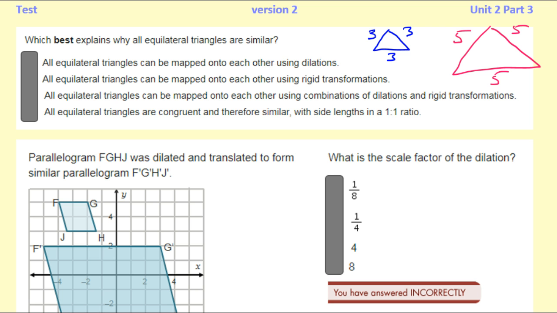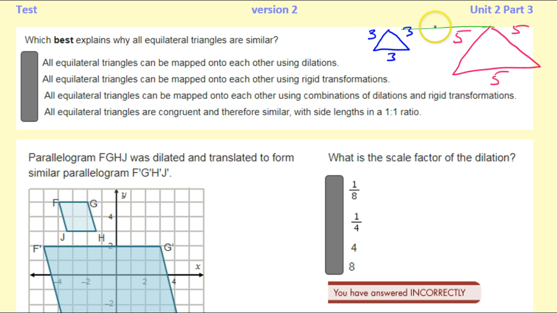That is true, except depending on how the triangles are positioned, you might need something in addition to a dilation. A dilation just means it's like you're doing a projection, and you're making one of the triangles bigger or smaller.